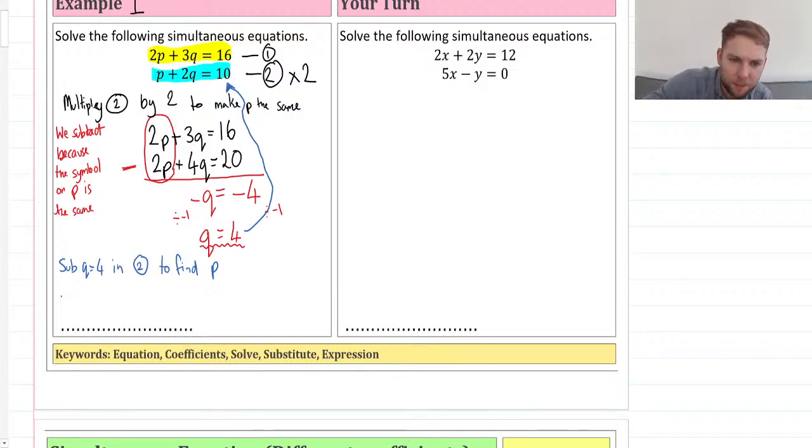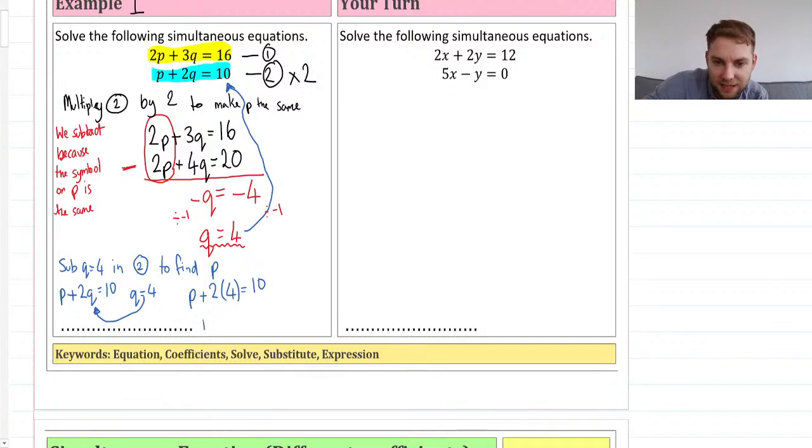So it's going to be, equation 2 is p plus 2q is equal to 10. So then if I sub in q is equal to 4 into this, I end up with p plus 2 times 4 is equal to 10.